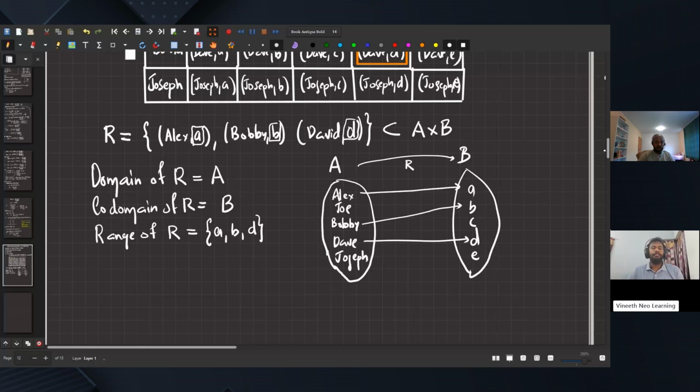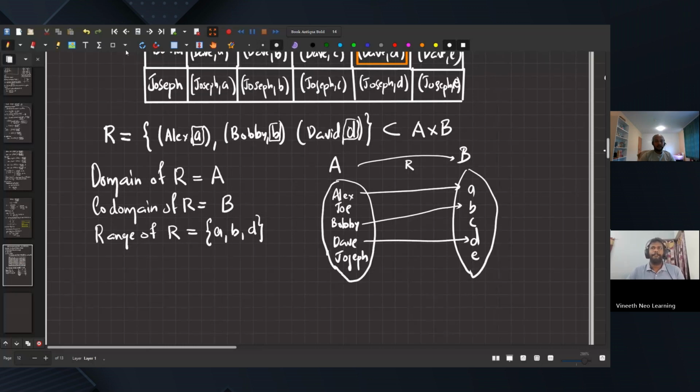A relation becomes a function if Joe is mapped to some element, and Joseph is mapped to some element here. But there is no such element here. So this relation is not a function.